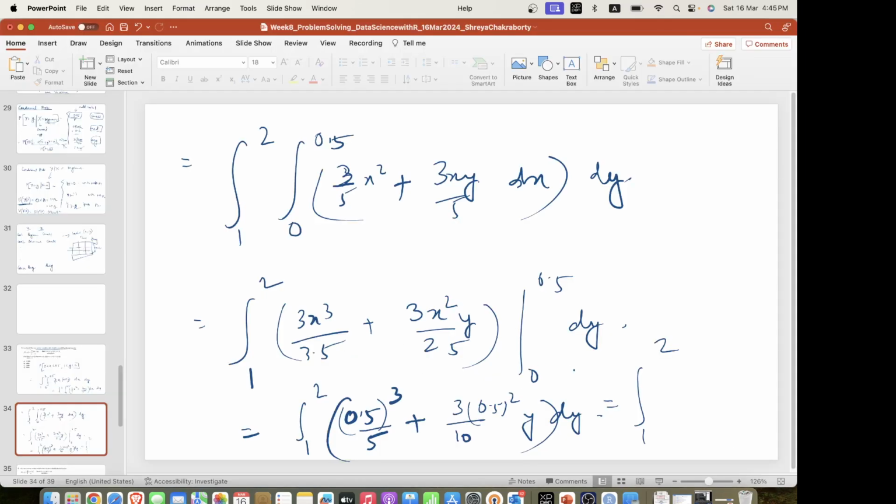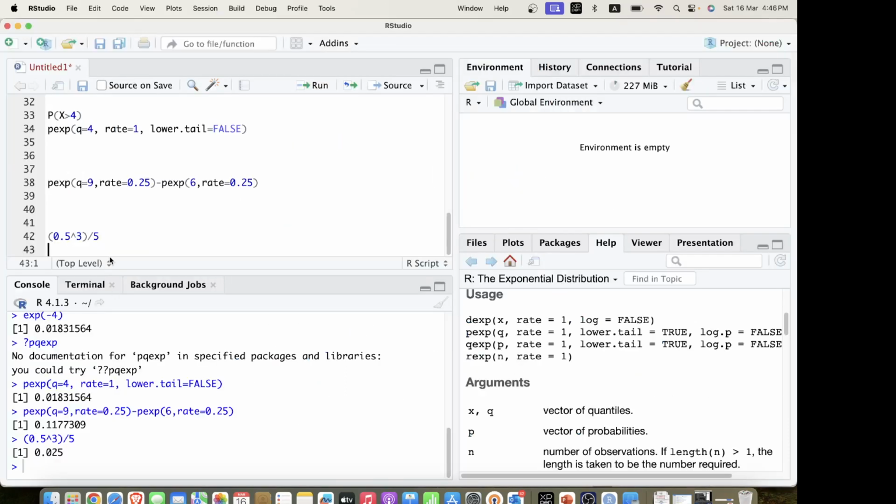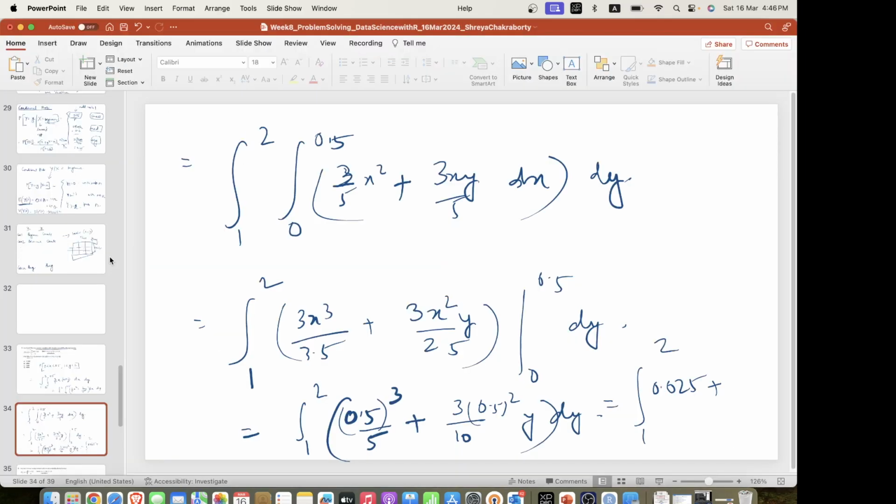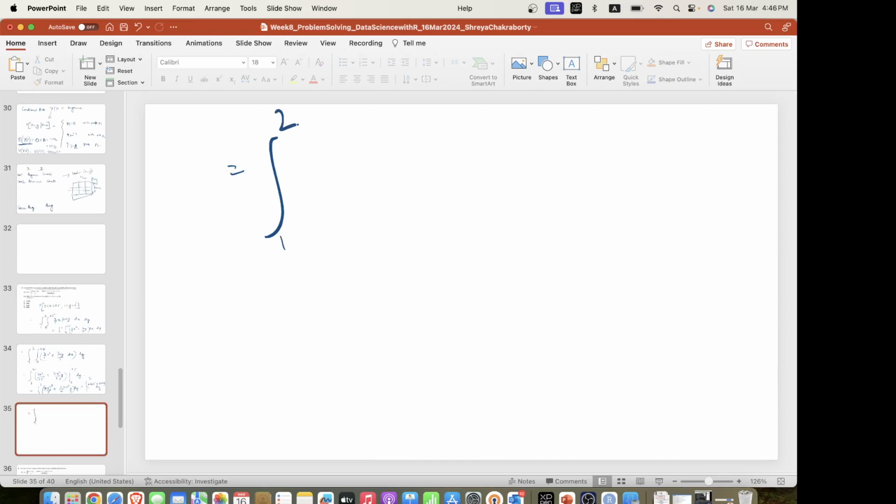So this is 0.025 plus 3 into 0.25 by 10. This is how much? 0.075. So that would give you 1 to 2, 0.025 plus 0.075 y dy.